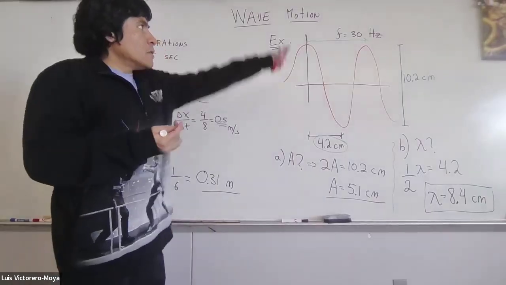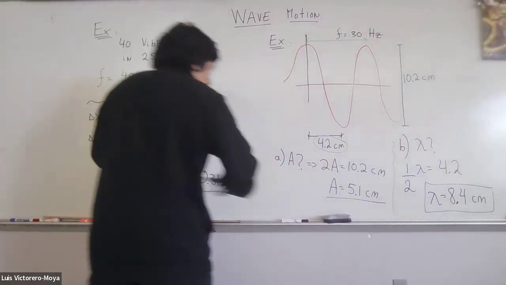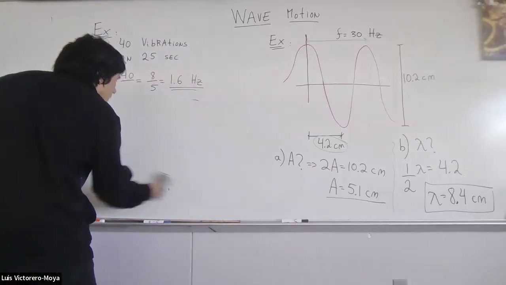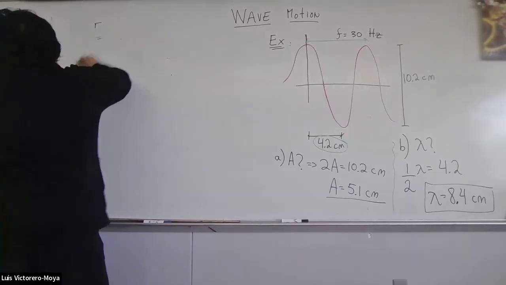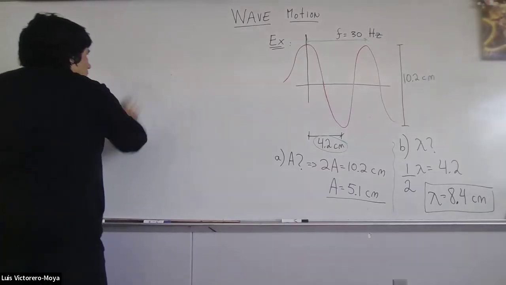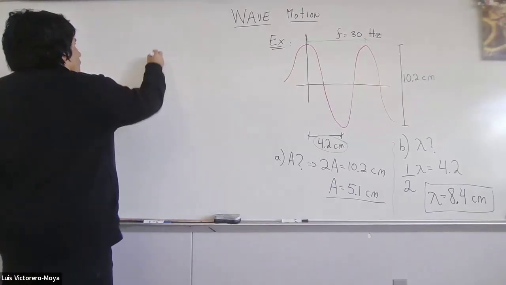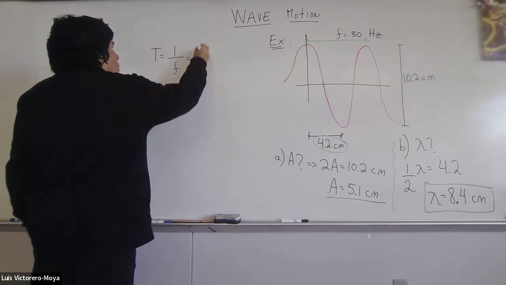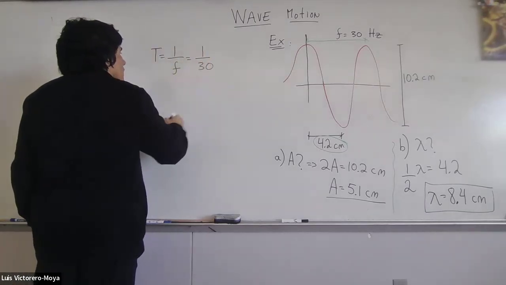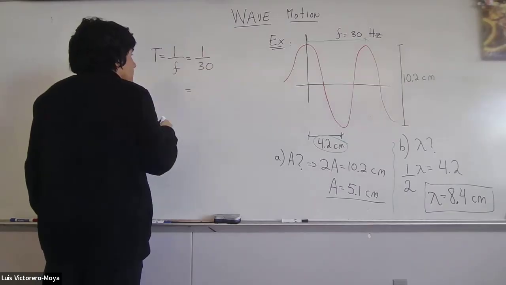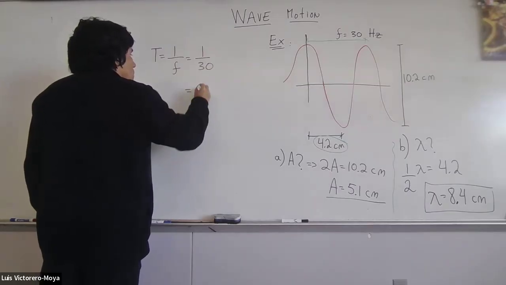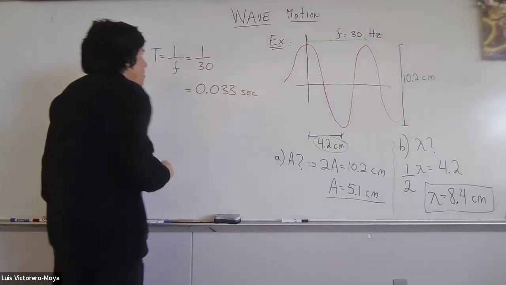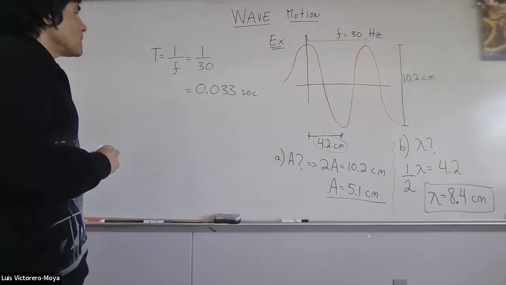Then this is for the period. That's why they use the frequency. Let's find the period. The period is 1 over frequency, which is 1 over 30. That is 0.033 seconds.